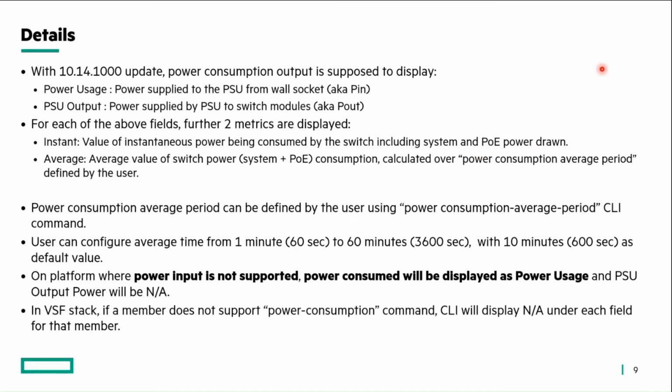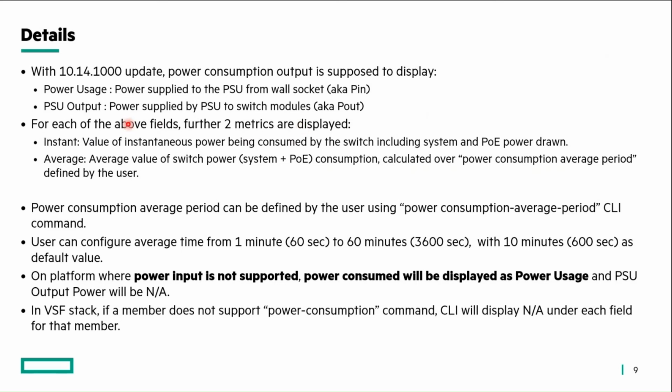Let us dive deeper into the details of this feature. With the 10.14.000 update, the power consumption output displays first the power usage, which is the power supplied to the PSU from the wall socket. In the above slides, we have seen it as P input, while the other one is PSU output, which is the power supplied by the PSU to the switch modules, which we have seen as P out.